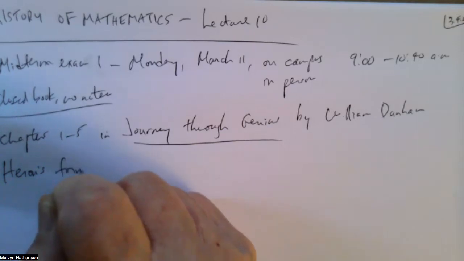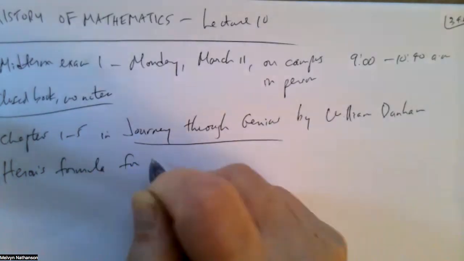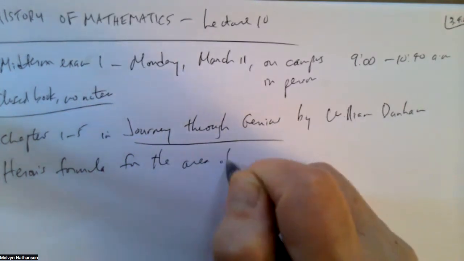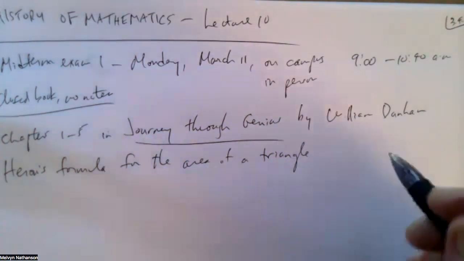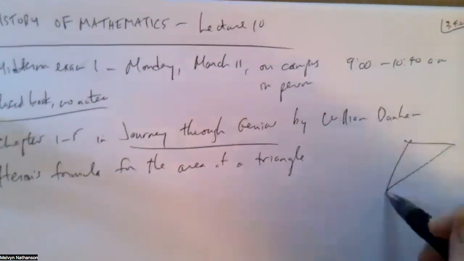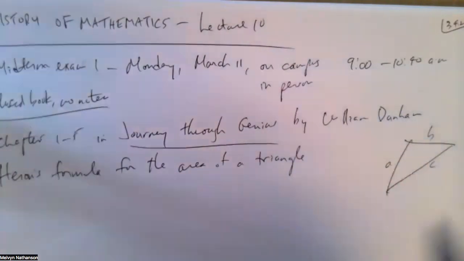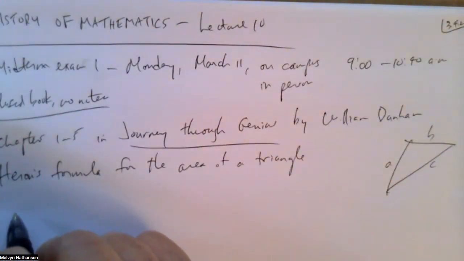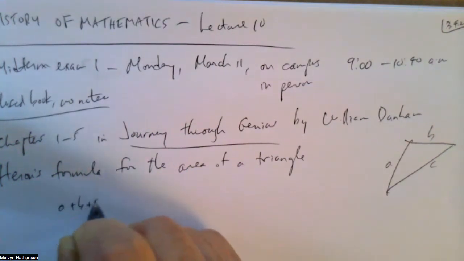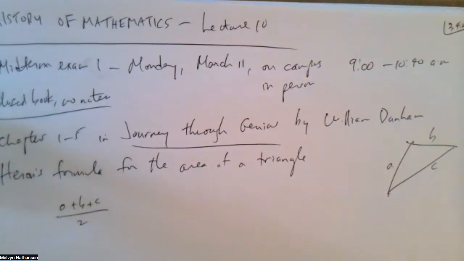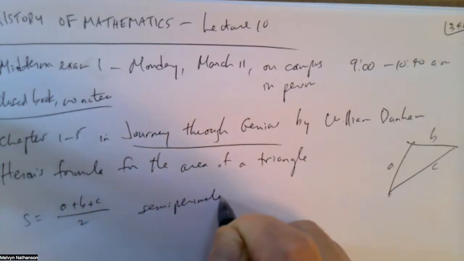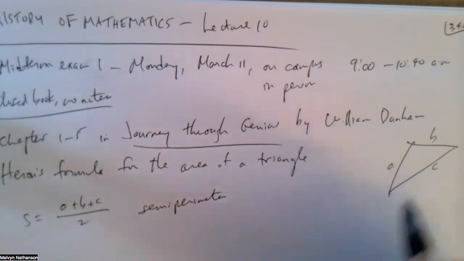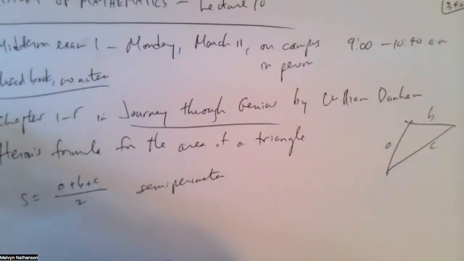Heron's formula for the area of a triangle: if you have a triangle with sides A, B, and C, the perimeter is A plus B plus C, and half the perimeter, which we call the semi-perimeter S. So if you know the three sides of the triangle, you can certainly add them up and divide by 2.